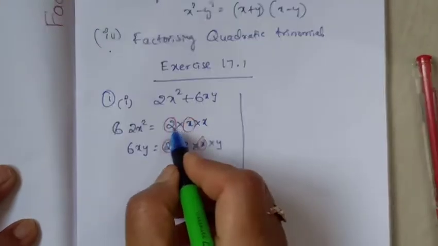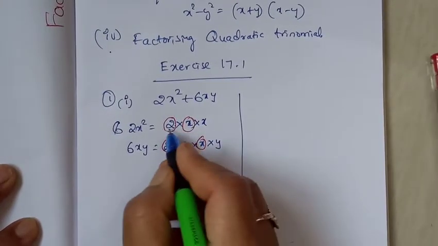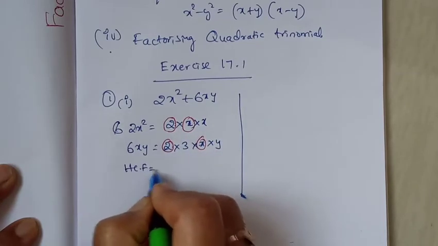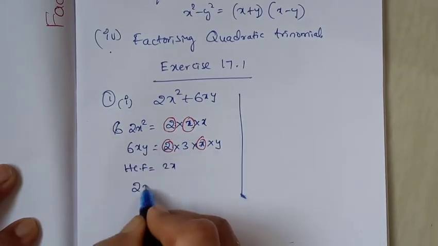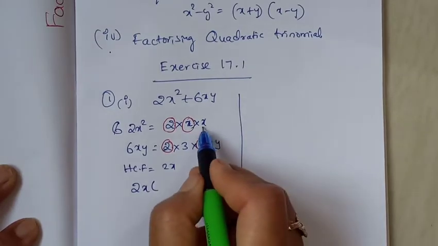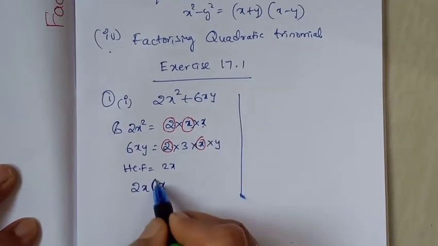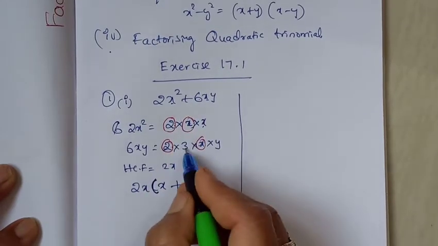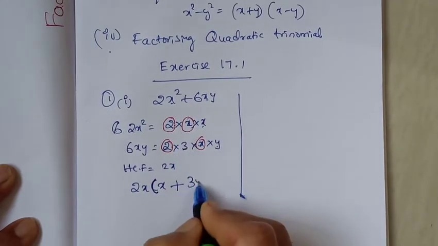Now I am going to take out these. This is called HCF, highest common factor. HCF is 2x. So 2x I am writing outside, and the leftover term is x. Between these two terms what symbol is there? Plus, and the leftover second term is 3y.